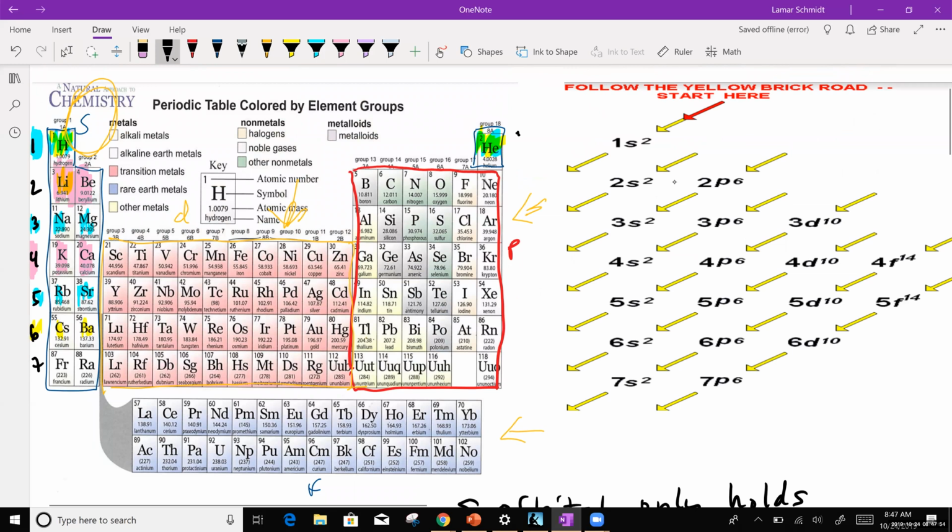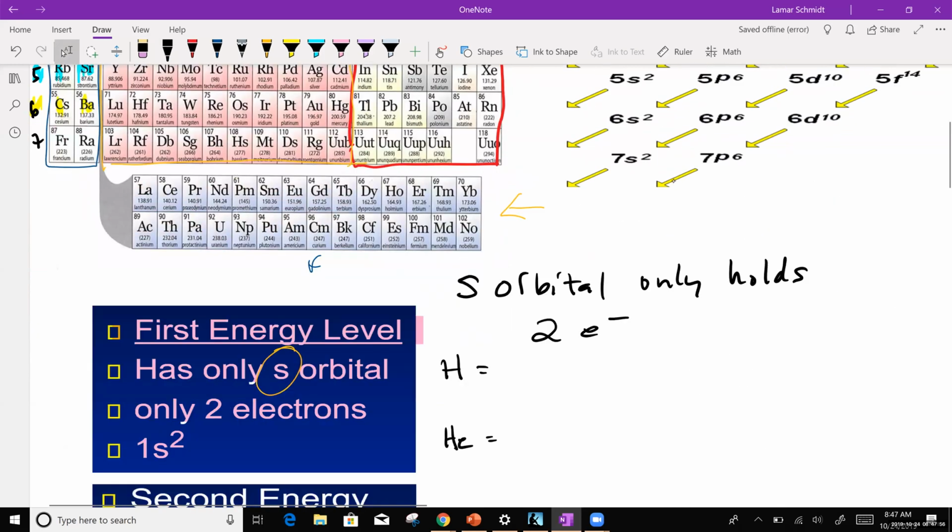So 1 energy level, S orbital, 1 electron. What does this mean? This symbol means that the big number, 1, represents the energy level, so we're in energy level 1. The S represents the orbital.